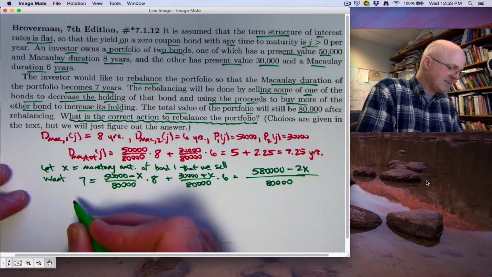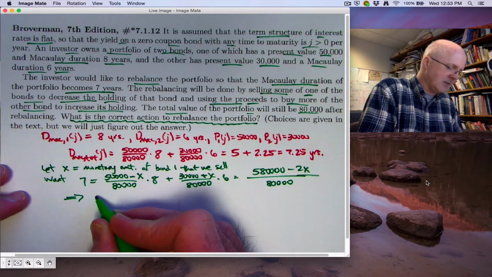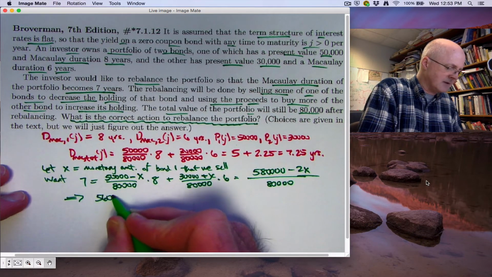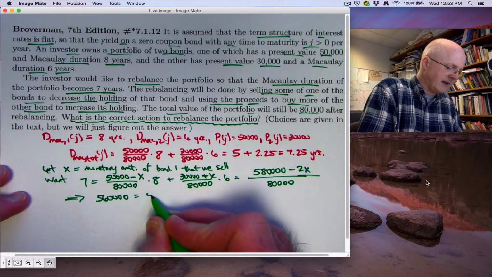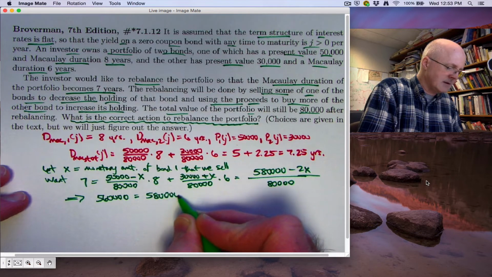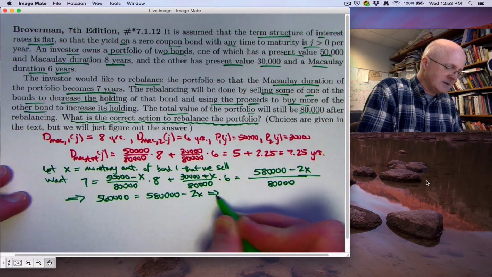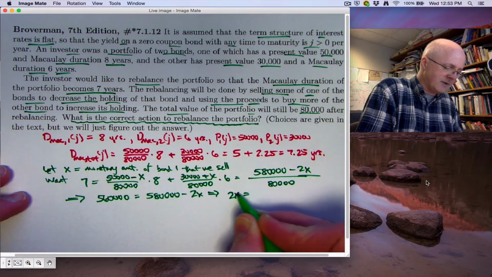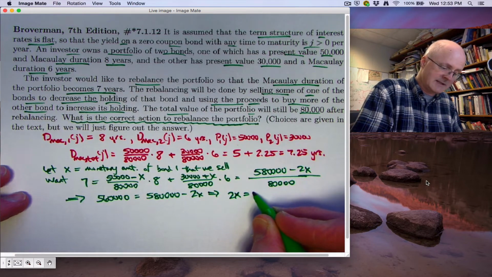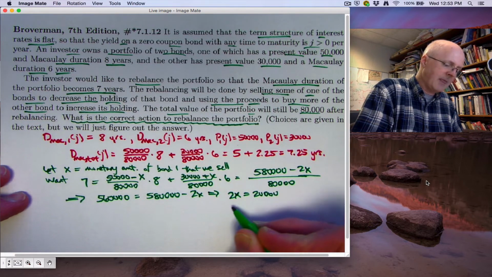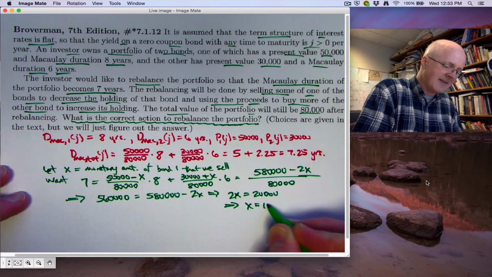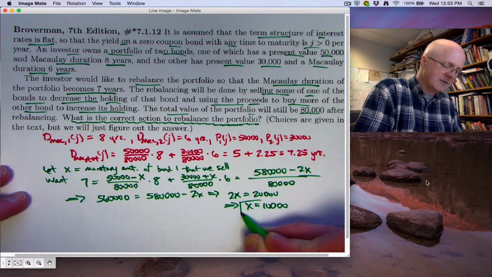Multiply both sides by 80,000 and you will get 560,000 equals 580,000 minus 2x. So 2x is 580,000 minus 560,000, which is 20,000. And that says x is 10,000, and that indeed is the answer.